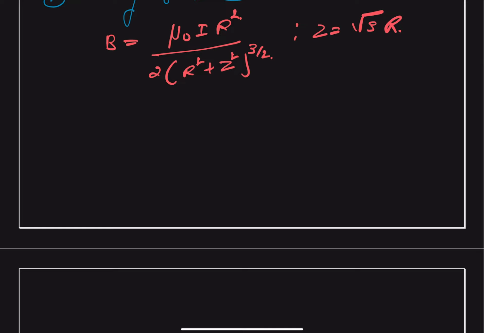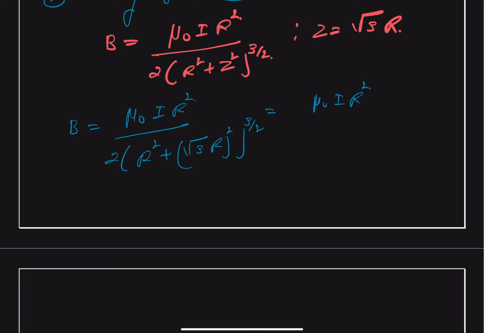Therefore, we substitute the value and get the magnetic field B equal to mu naught I r square divided by 2 times r square plus square root of 3 times r whole square, raised to 3 by 2. So we get mu naught I r square divided by 2 times r square plus 3r square, whole raised to power 3 by 2.